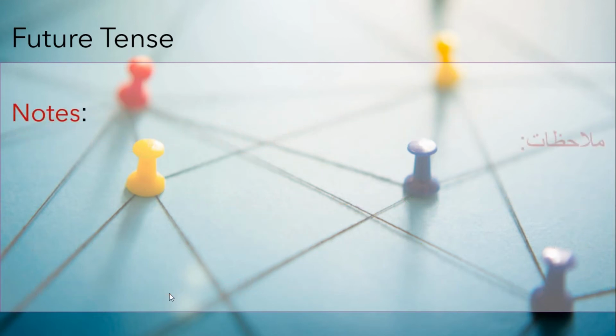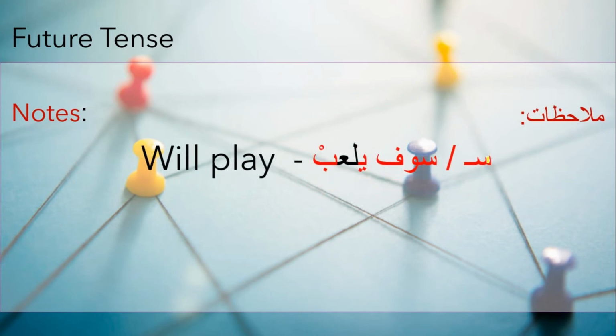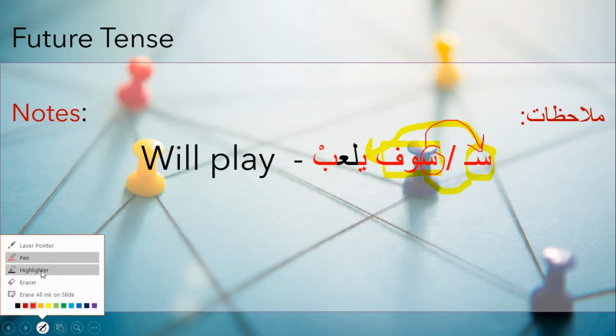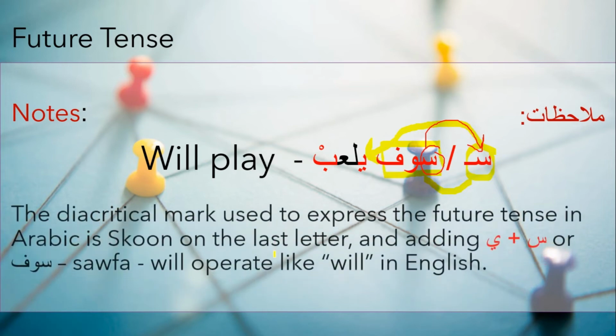Did you notice something here in these verbs? We add seen to the verb. But what about this word in the middle? سوف. This word is seen, واو فاء, سوف. Actually, in the future tense, sometimes people don't want to say, for example, سوف ألعب.